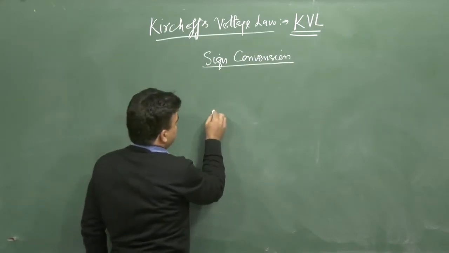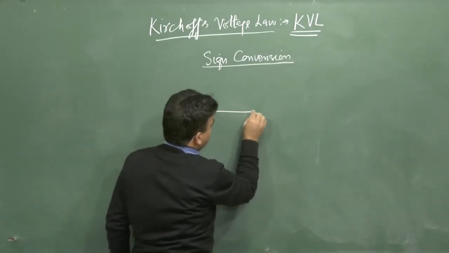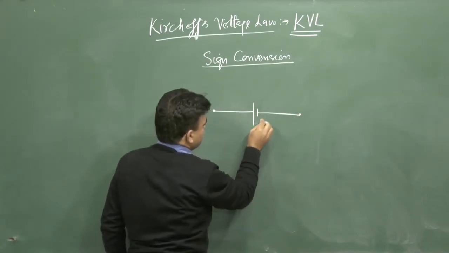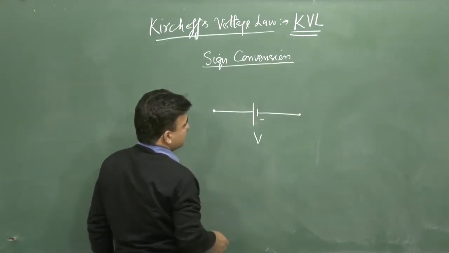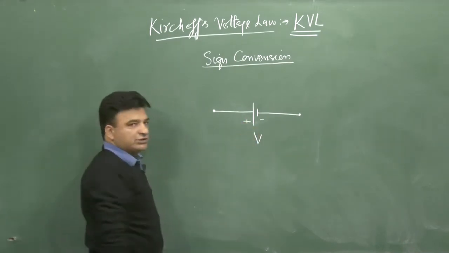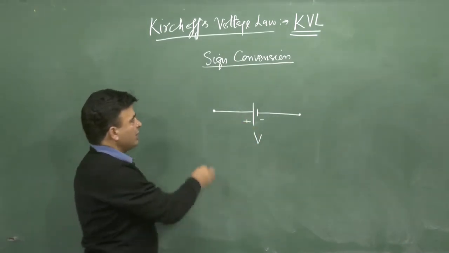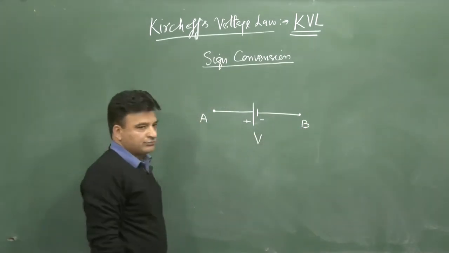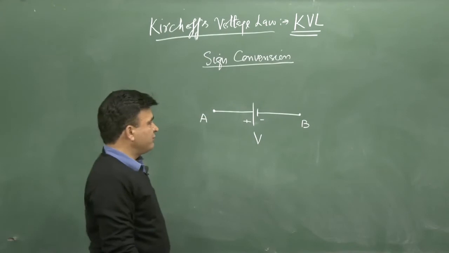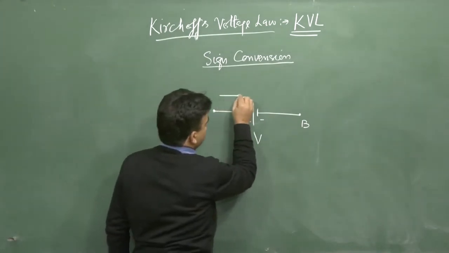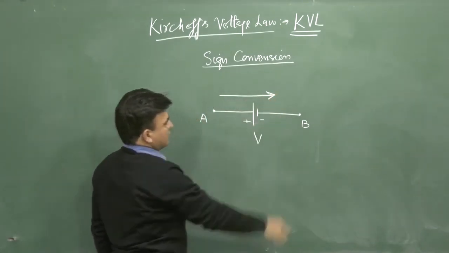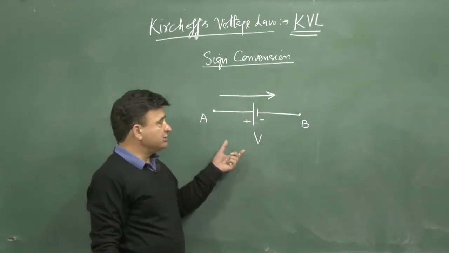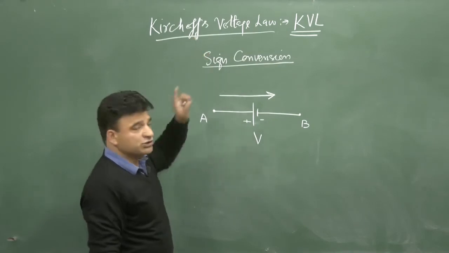Let us suppose that we have here a battery of voltage, say V. This end is the negative terminal of the battery and this one is the positive terminal of the battery. Let us call this point as A and this point as B. Now, if we will move from A to B, we are going to state certain conventions which will help to solve the Kirchhoff's voltage law.